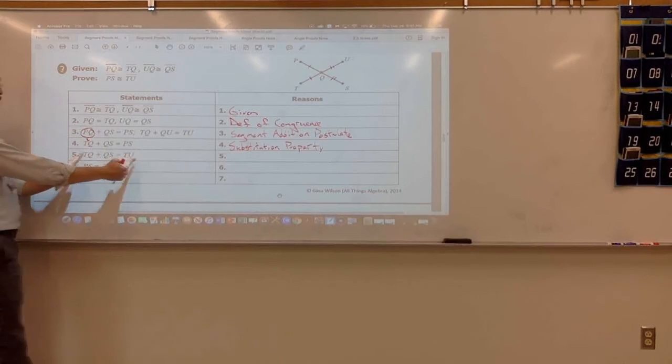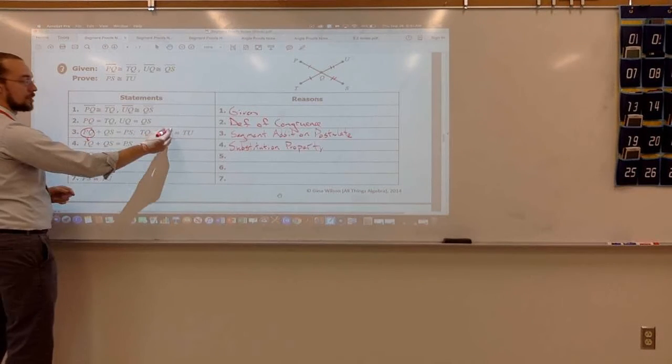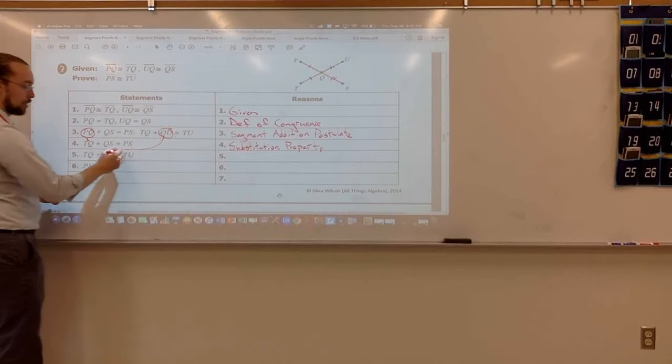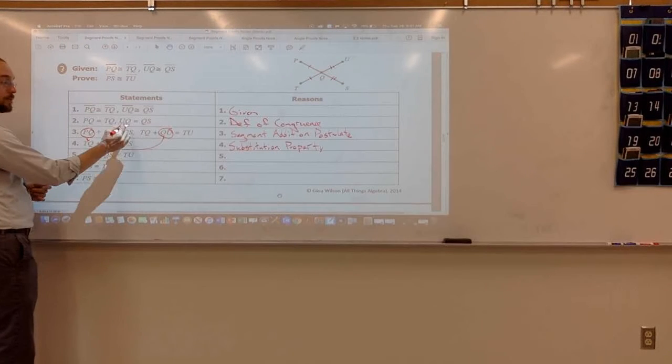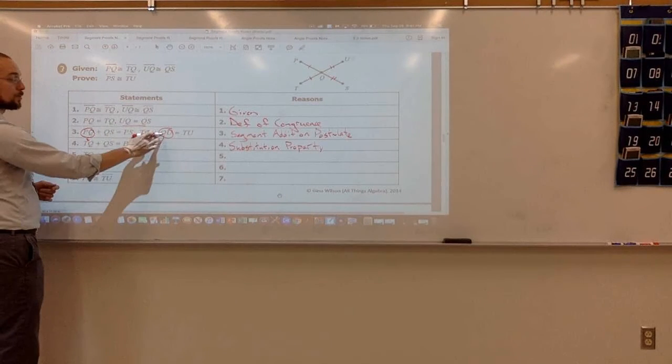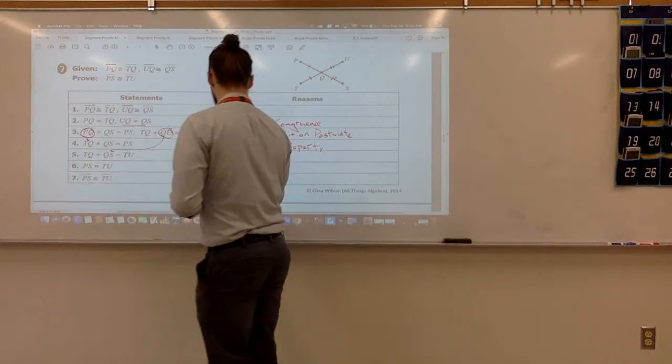The only thing that changed from this equation to this equation is that QU got replaced with QS. So it's substitution again. Because up here we said those two things are equal, so I can replace one with the other. So substitution.